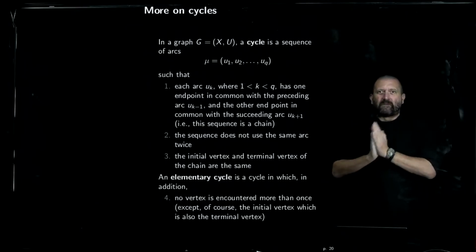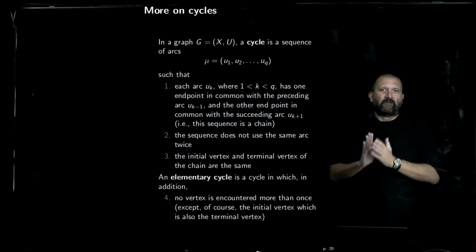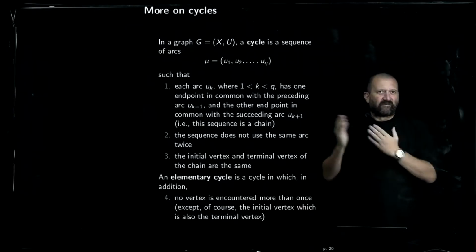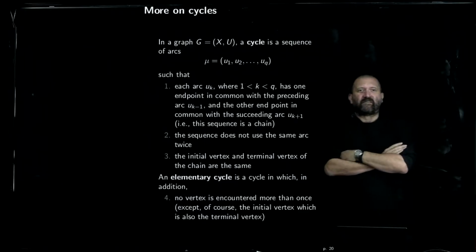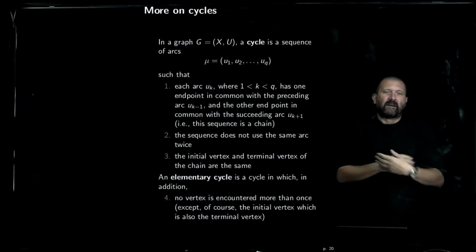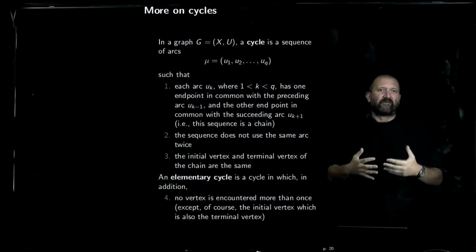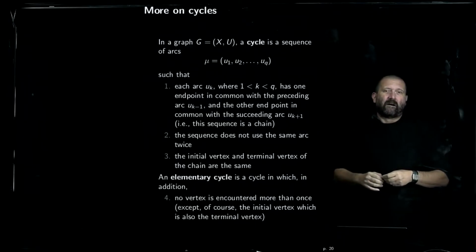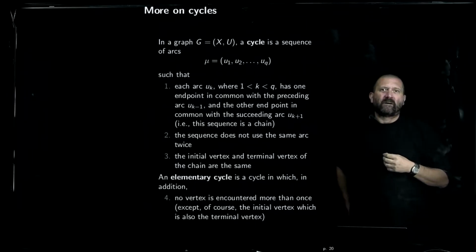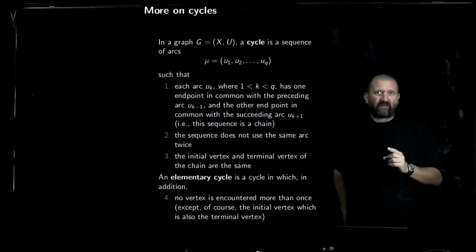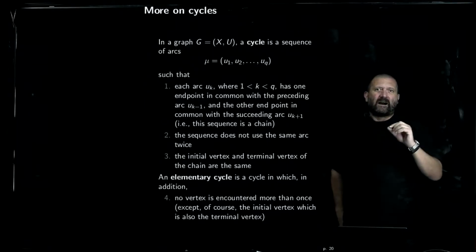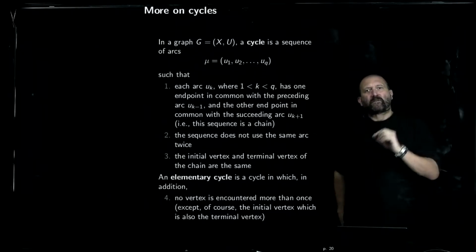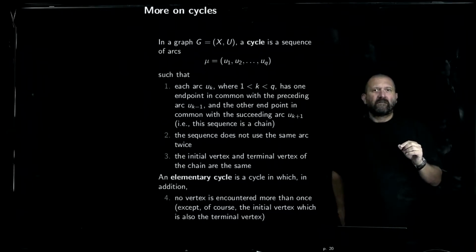So if we have a graph G of X and U, where X, I'll remind you, is the vertex set, and U is the set of arcs, then a cycle is a sequence of arcs such that each arc has one endpoint in common with the preceding arc.